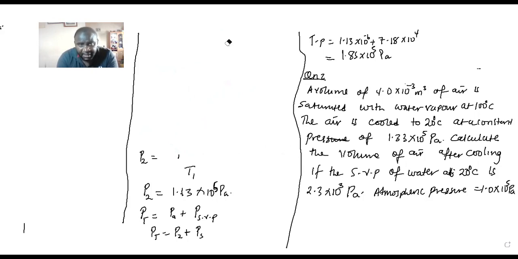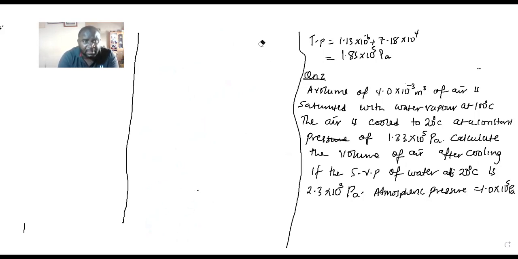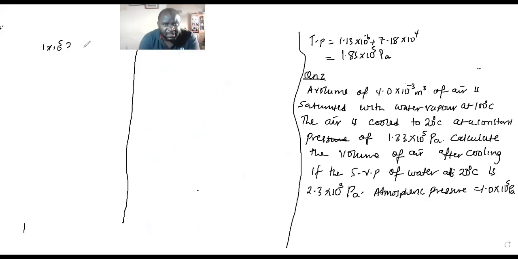But remember, air obeys gas laws. But for the saturated vapor, it does not obey gas laws. And remember, I showed you in the earlier definitions of the calculations, if we obey gas laws, then V out of T is equal to what?